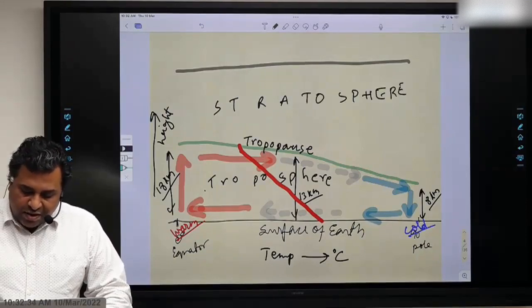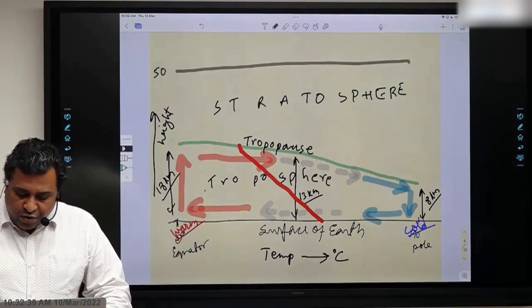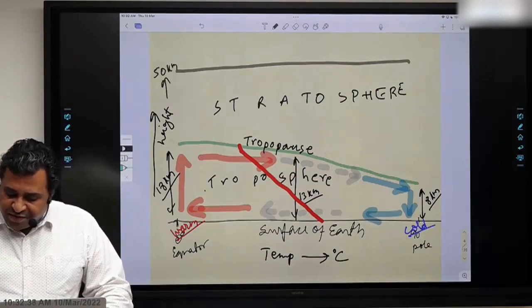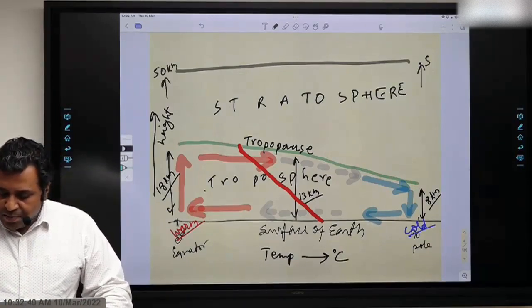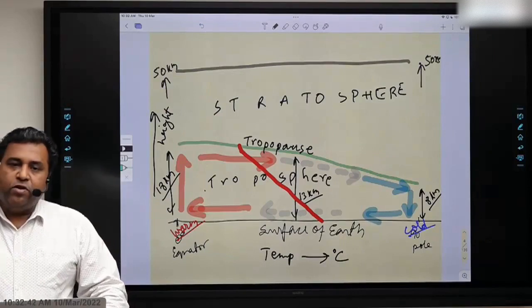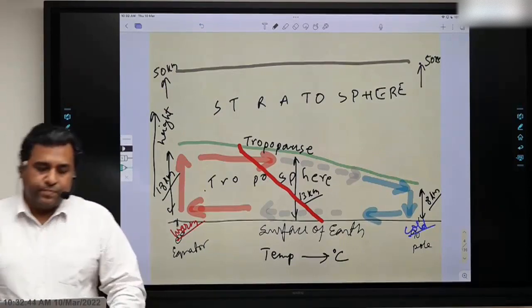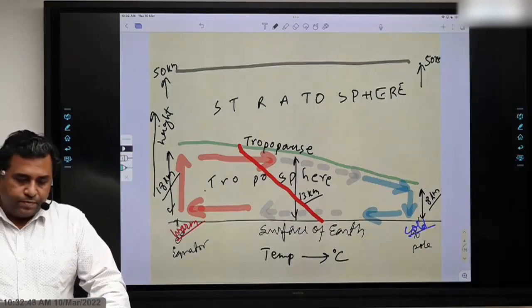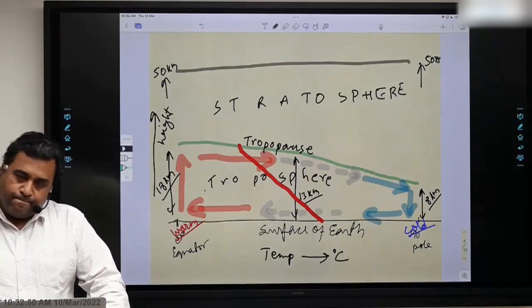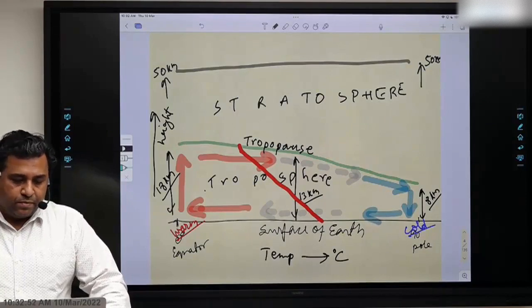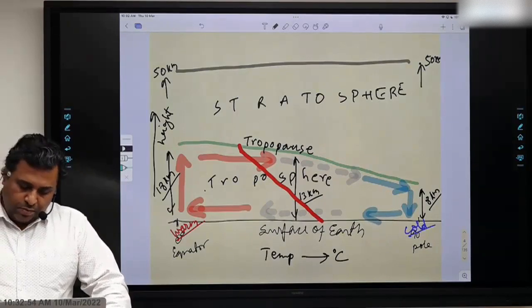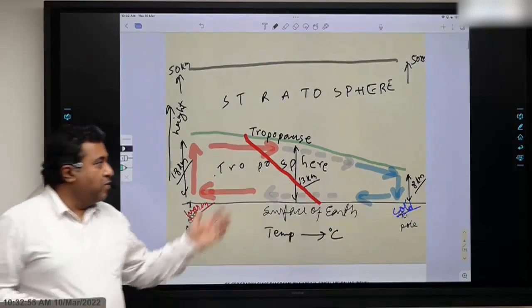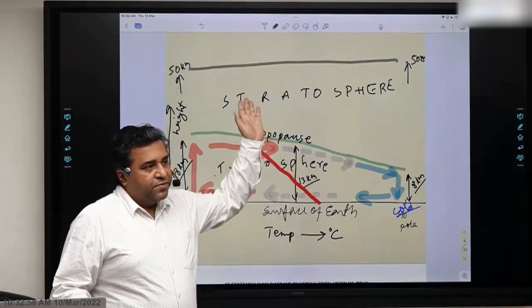The stratosphere is up to a height of 50 kilometer from the surface of the earth. So up to 50 we find stratosphere. This is straight, right? So the lower part of stratosphere is tilted, the upper part of stratosphere is straight.